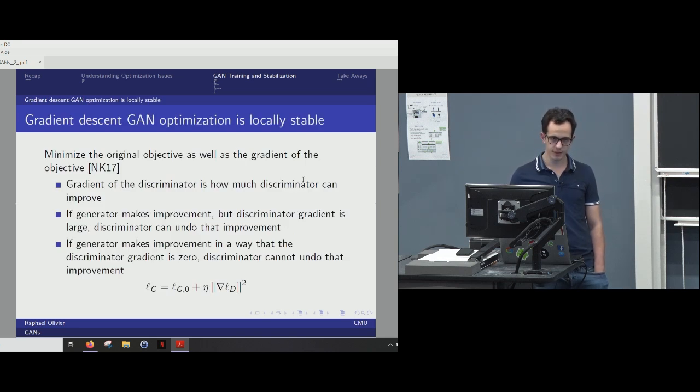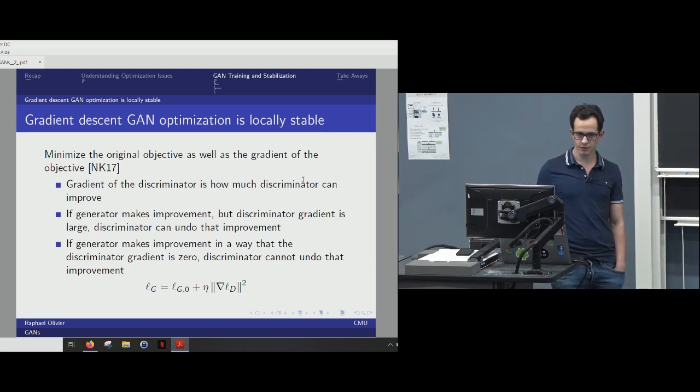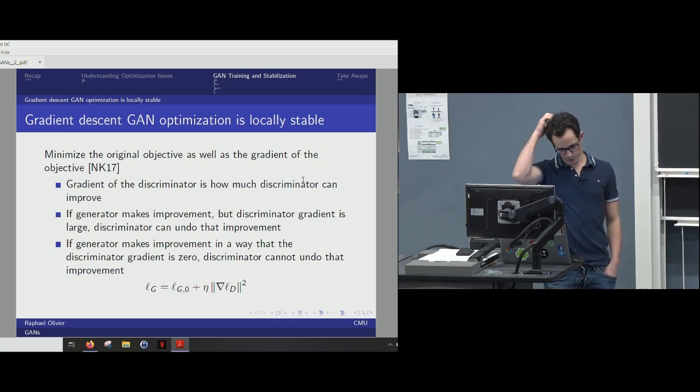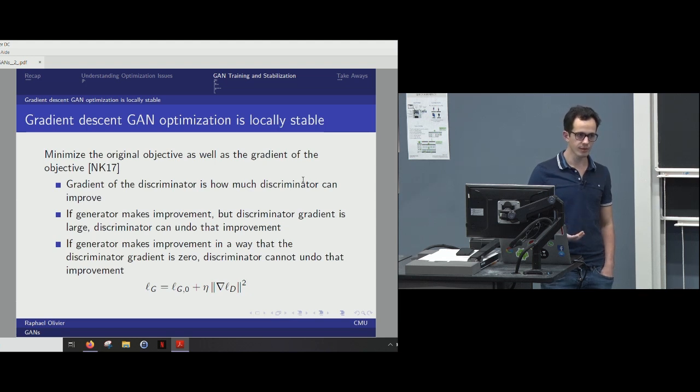So here's a second idea, and the next one too, both trying to make the entire thing smoother and less greedy. This time, what they're thinking is, if I update my generator, and after that update the discriminator has a big gradient, that means the discriminator knows how to counter the improvement I just made with my generator. And so I'm going to get an improvement that's for nothing.